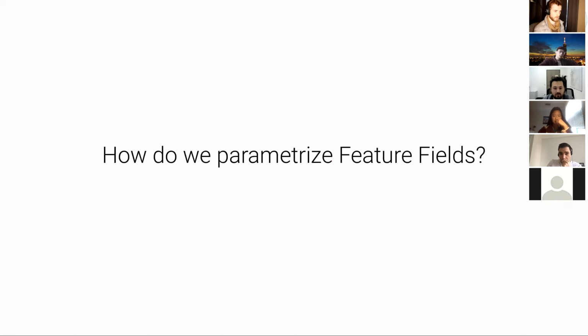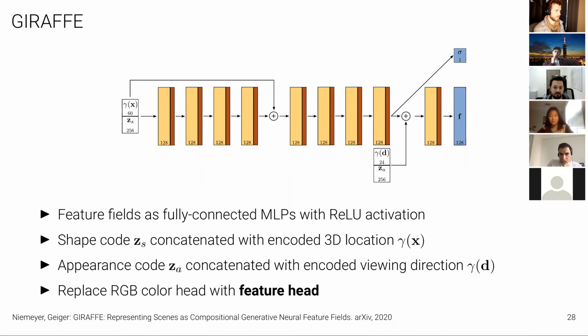Again, let's have a look at how we parameterize the feature fields. The illustration is different this time, but it's very similar to what we did before. Here we show the separate layers. Again we use an MLP with ReLU activation. We have 8 blocks or layers, but in principle it's completely similar. We have our 3D location x, put it through positional encoding, concatenate the shape code, pass it through a bunch of layers, and then regress the density value.